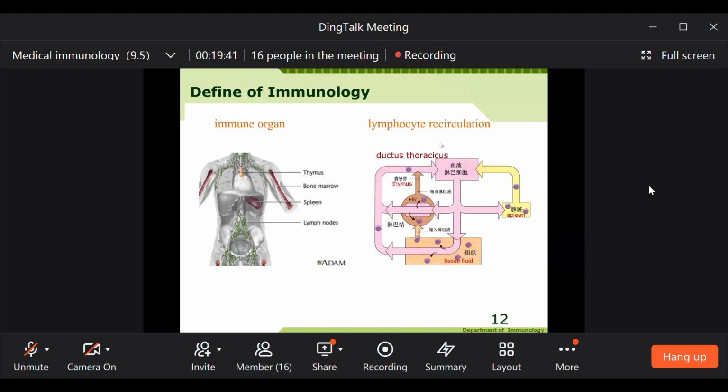Interesting. Assume the immune system is a country. The immune organs are like leaders, president, and so on. And the lymphatic tissues are like the middle class, and the immune cells are like the masses of the people.